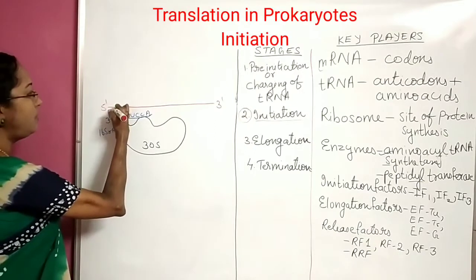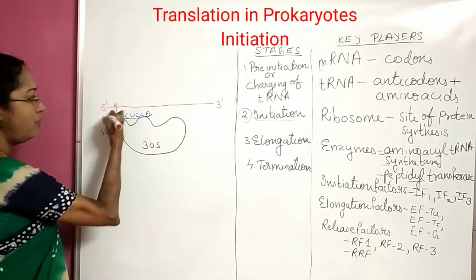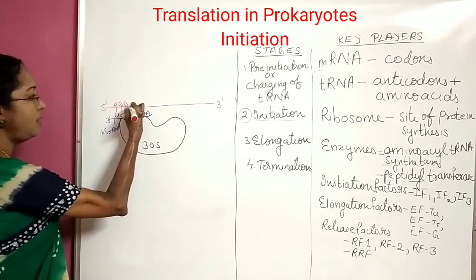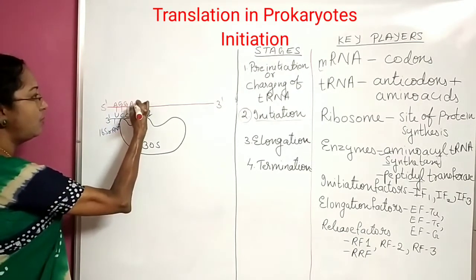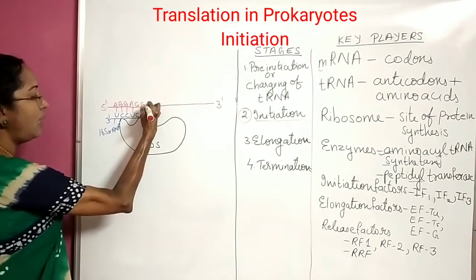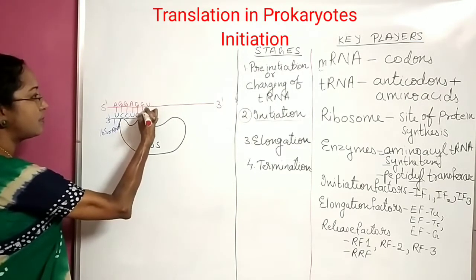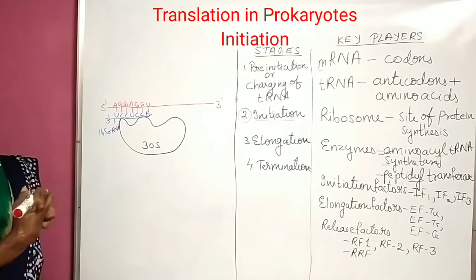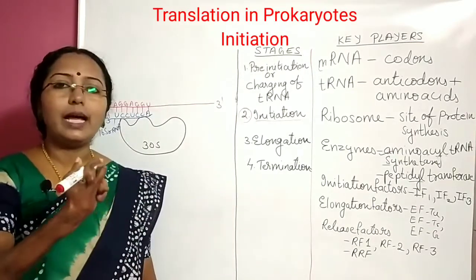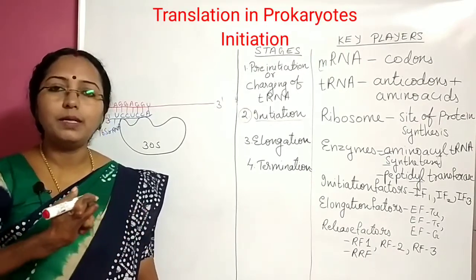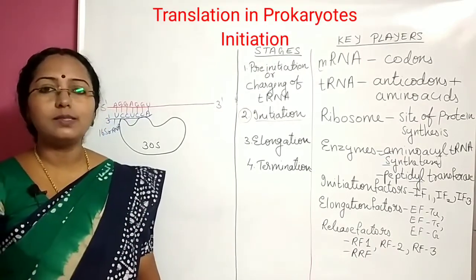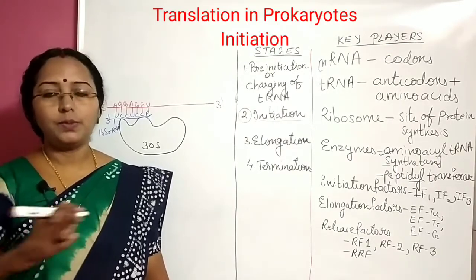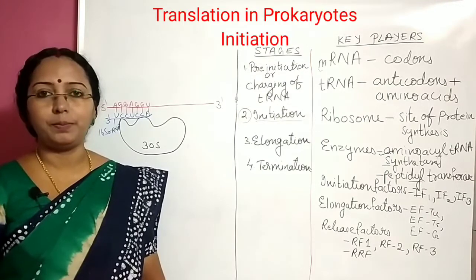So here the complementary sequence is A with U, G with C, again G with C, A with U, G, G and U. This sequence will be there with mRNA, and it is this sequence which is aiding the mRNA to come and bind with the small subunit of the ribosome. That is very essential for the process to begin, for initiation to happen.